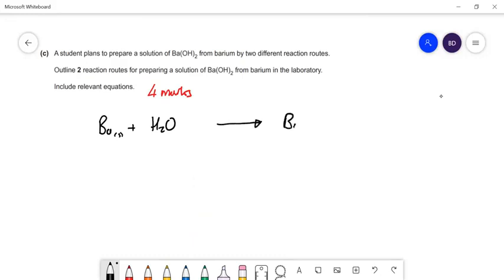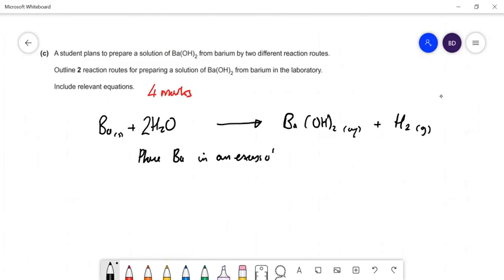We get barium hydroxide solution made, and we get hydrogen gas liberated. Okay, so we need to balance that. All we need to do is put a 2 there. So what you're going to say there is you're going to place some barium in an excess of cold water.